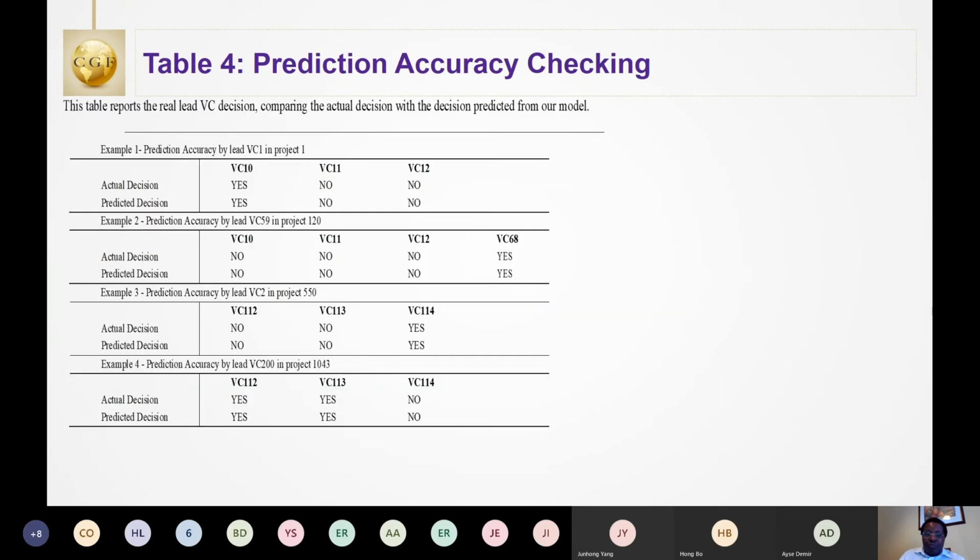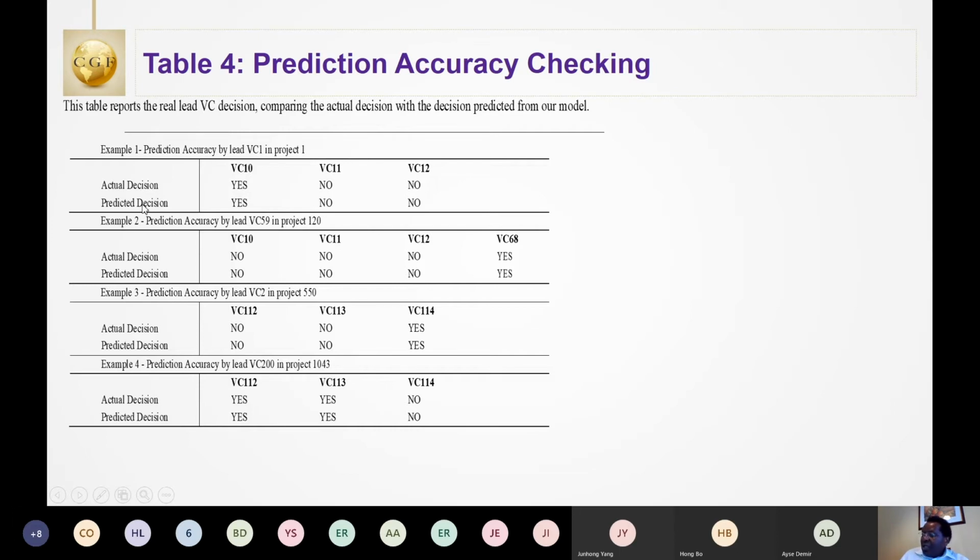Now, we can also check this accuracy by looking here in table 4, where we have 4 real lead VC decisions. And in each case, as in the table, we compare the actual decision and the predicted decision.